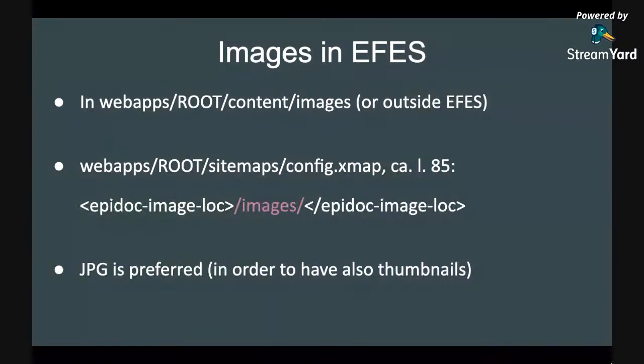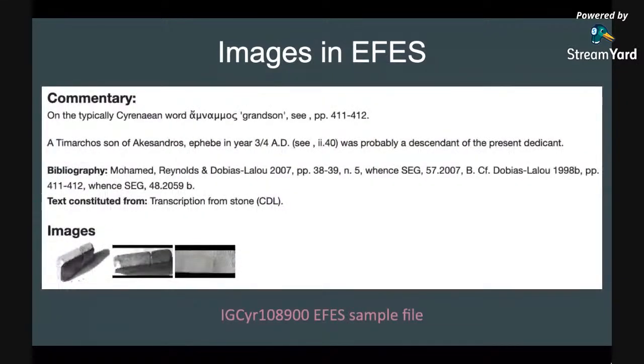And of course, you can edit by yourself the part relating to the generation of the thumbnails, in case you prefer to use other formats. But if you are using JPEG images, this is what you will be getting by default with EFES. So you will get those tiny thumbnails at the end of the page, as in this case.